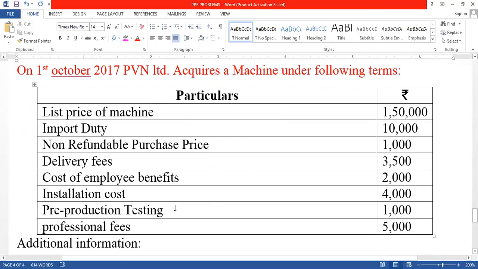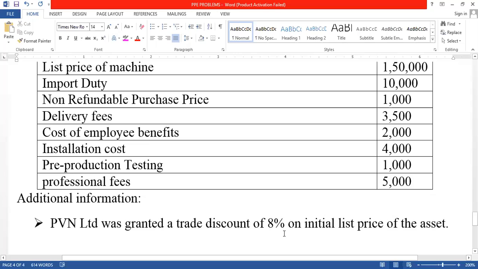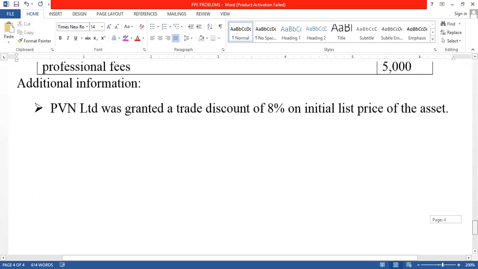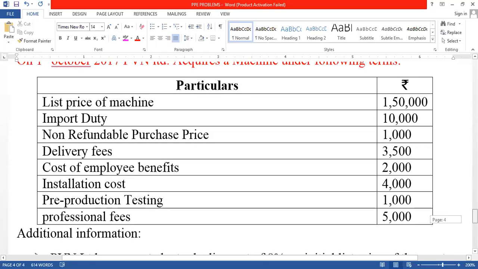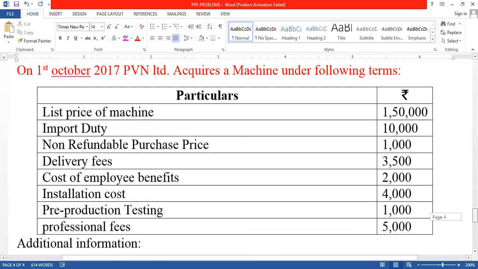Installation cost, add it. Pre-production testing, add it. Professional fees, add this also. After that, the trade discount is 80% on the list price of the machine. So this is about the third problem and the fourth problem. You should do it yourself and send me the answer.